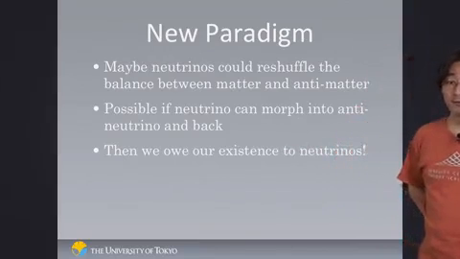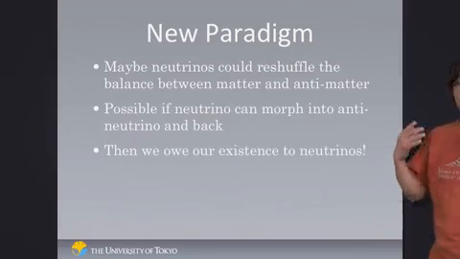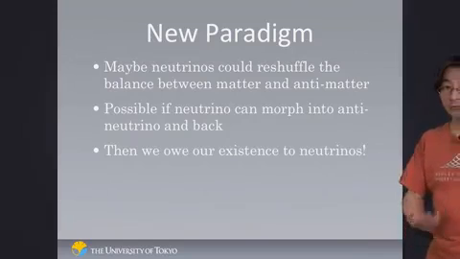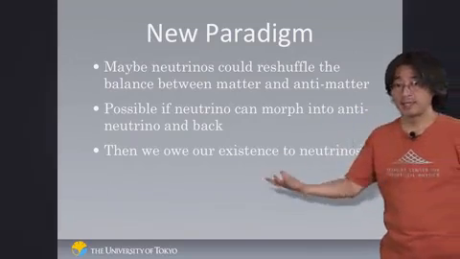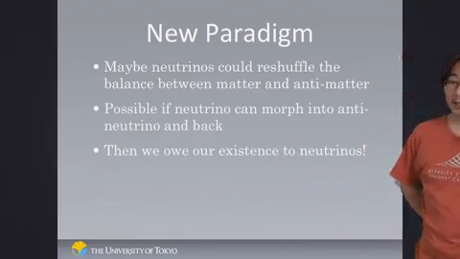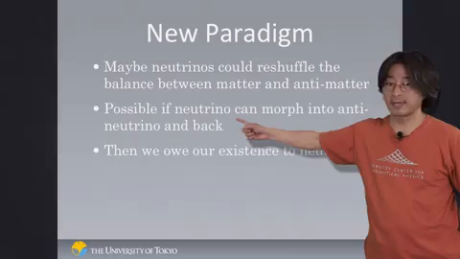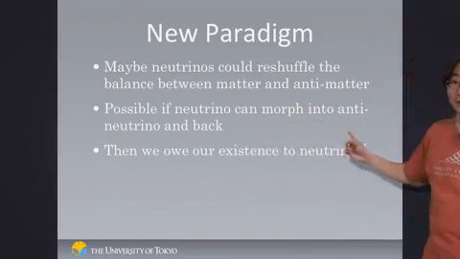So one thing we have learned is that neutrinos can actually change, possibly, between matter particle, namely neutrinos, and antimatter particle, namely antineutrinos. We have not seen that yet, but only neutrinos can actually do it, because the neutrino doesn't carry electric charge, and the antineutrino doesn't carry electric charge either.